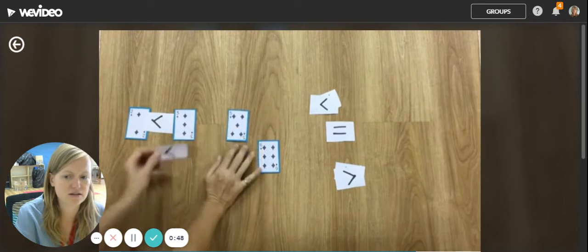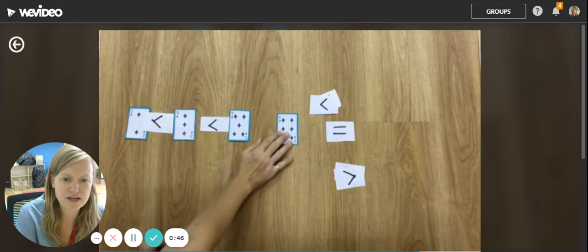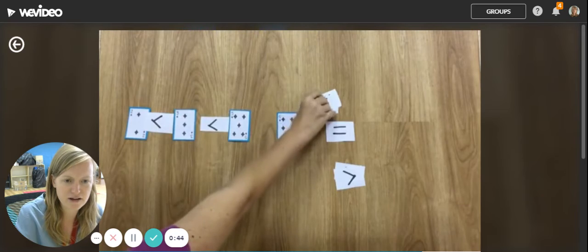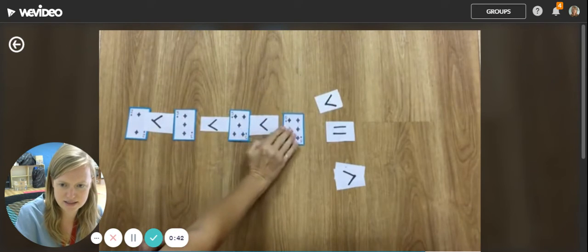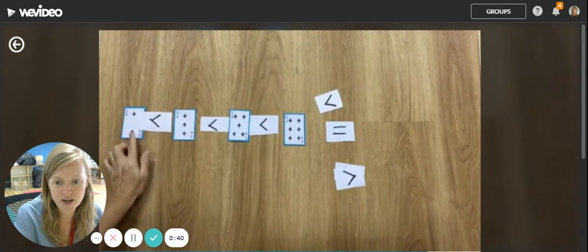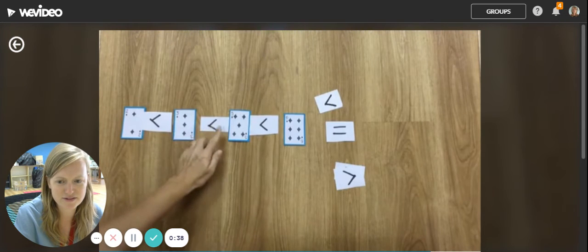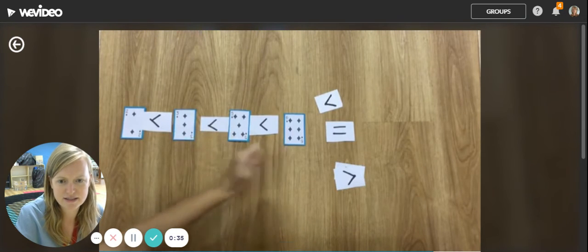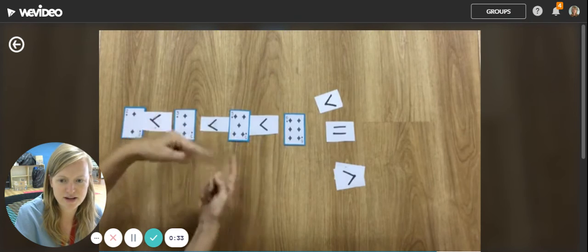Oh, but 6 is not going to be less than 5. So 3 is less than 5, and 5 is less than 6. Great. We've now put our numbers in ascending order from smallest to biggest. And we've got our symbols correct.